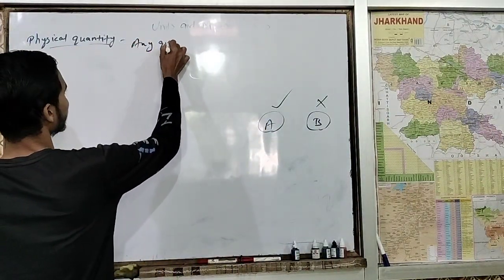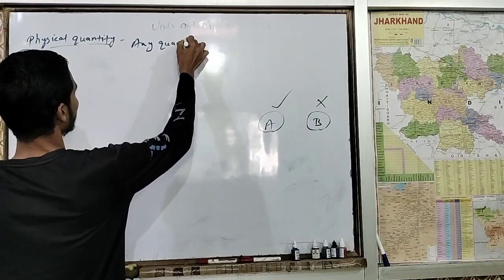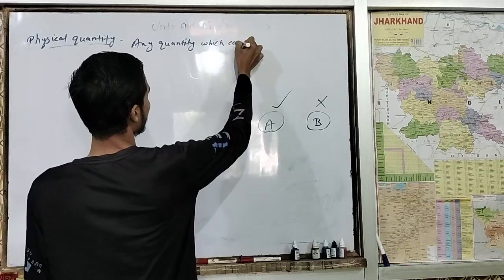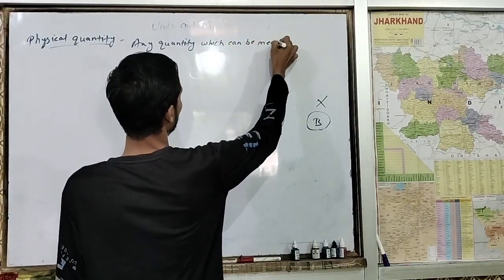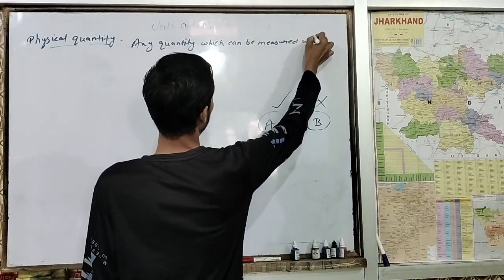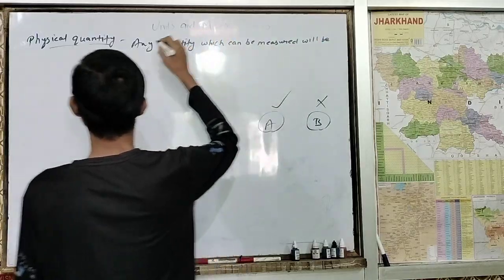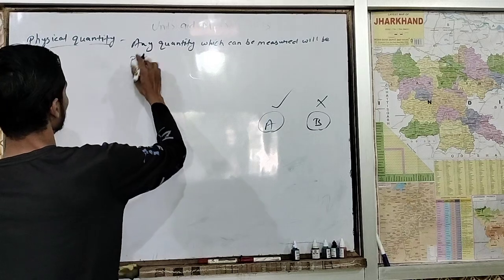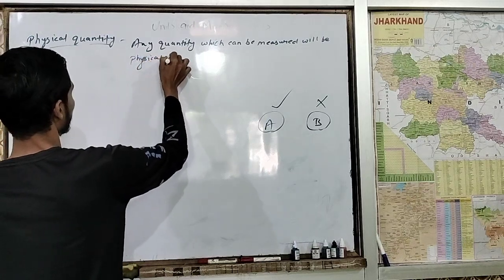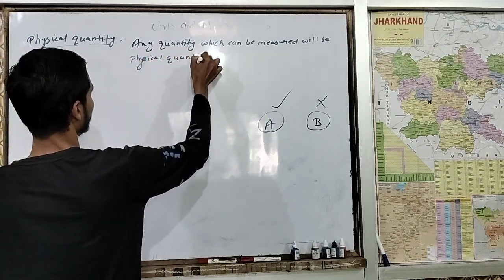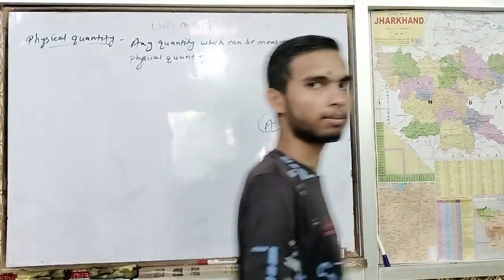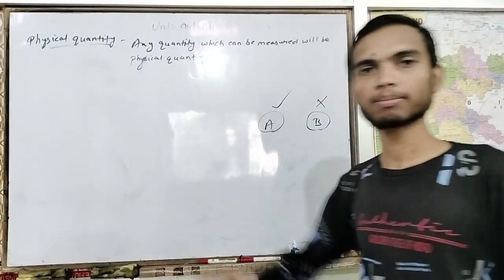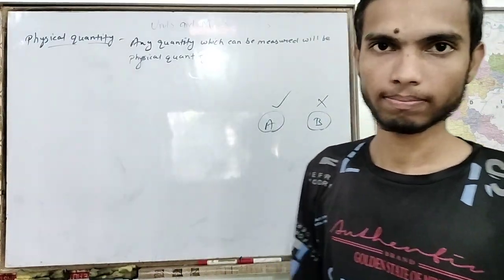Any quantity which can be measured will be a physical quantity. Did you understand? Yes. If you are able to measure that quantity, then that quantity is a physical quantity.